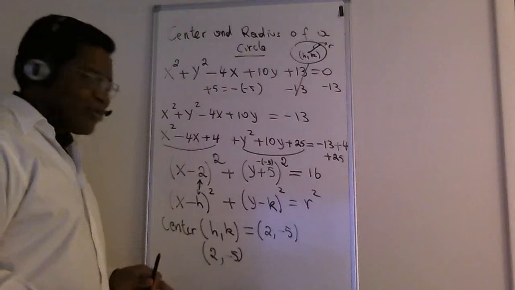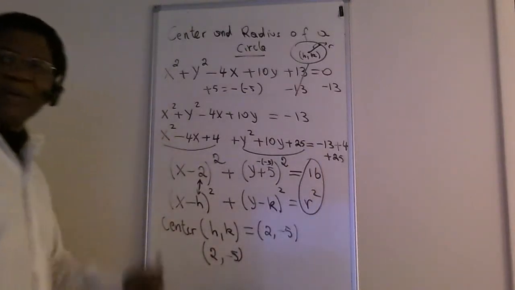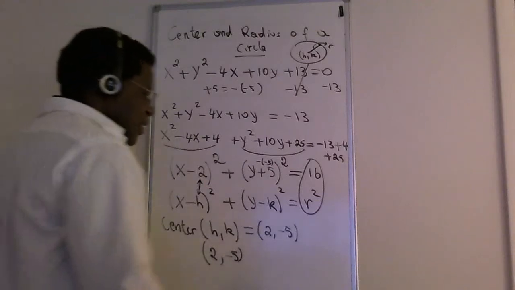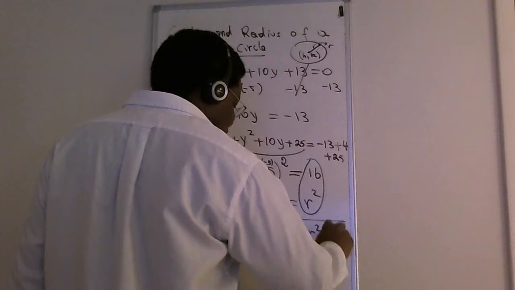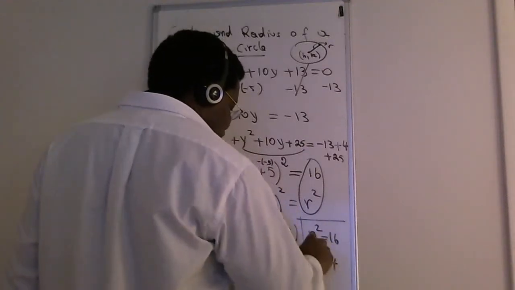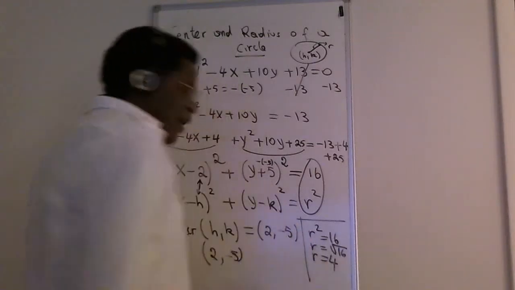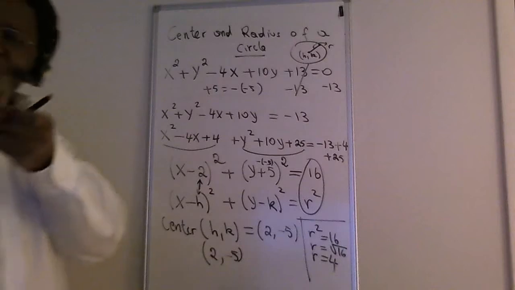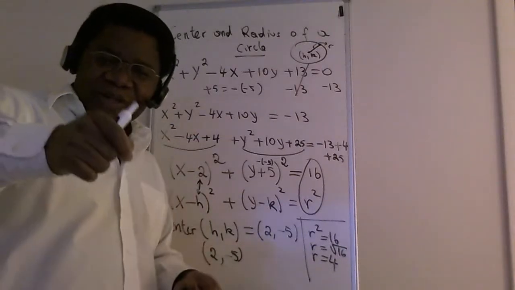Now, we can go to the radius. To get the radius, we're going to compare these two. We compare r squared with 16. If r squared equals 16, then r must be 4, because to get r, we're going to take the square root of 16. Now, one might say plus and minus, but the radius is the distance, and the distance is always positive.